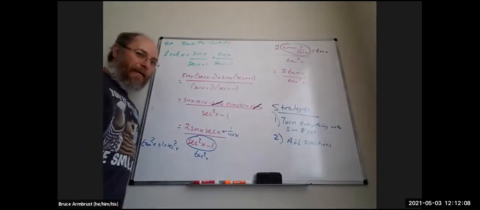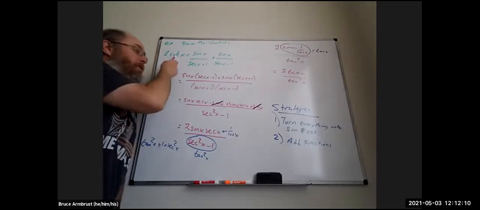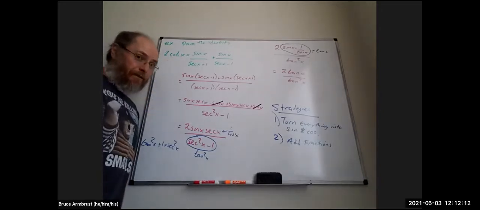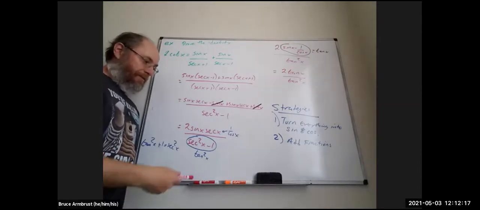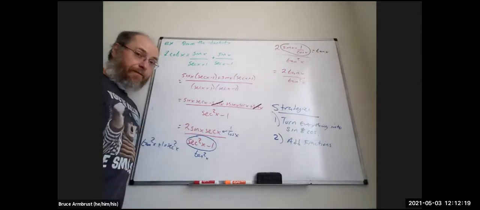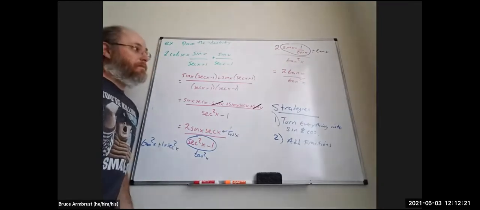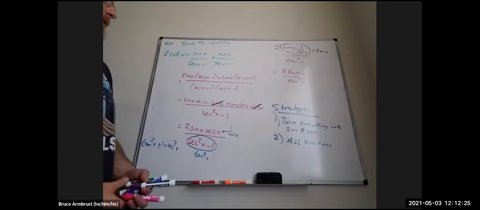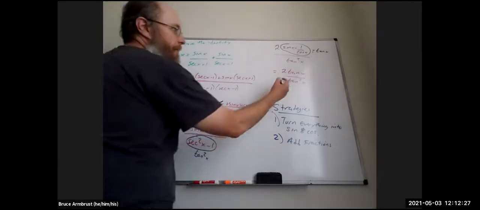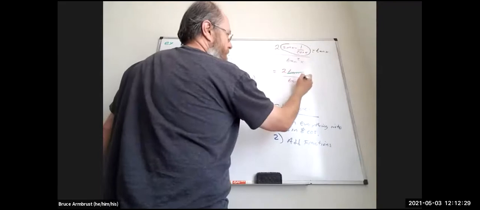And that makes me happy. That's getting me close. Tangents can turn into cotangents, a lot easier than sines and secants. All right, well, I'm going to do one more algebra step before we actually finish the sucker off. The tangent on top is going to cancel with one of them on the bottom.